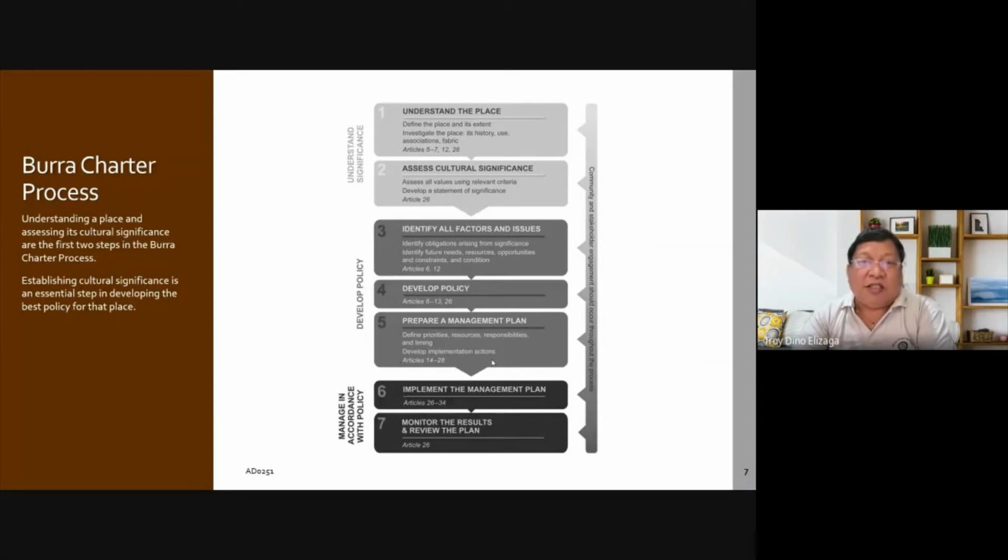And then we assess the cultural significance, where we assess our values using relevant criteria and develop a statement of significance. So there are indications on the articles where you can find the discussion in the Burra Charter. And I already gave you a copy of the Burra Charter, so please do a study on your own about this.